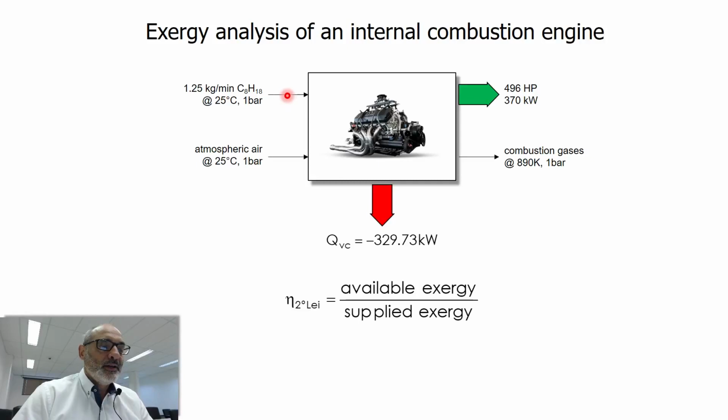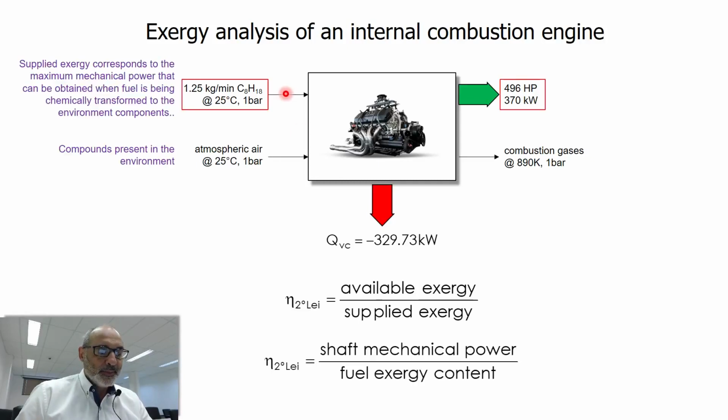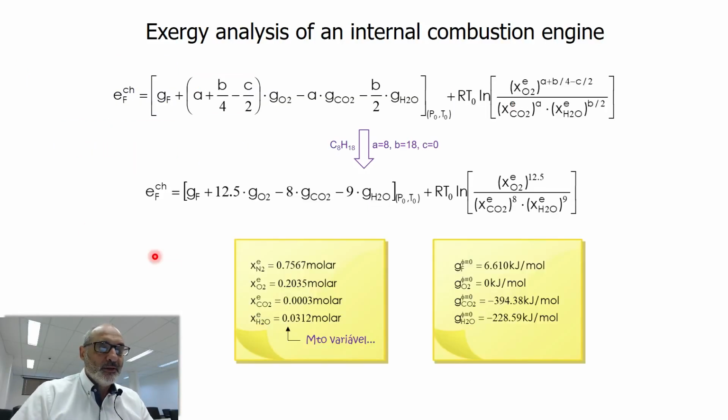So let's calculate its exergy content. I already said that supplied exergy corresponds to the maximum mechanical power that can be obtained when fuel is being chemically transformed to the environment components. We already saw that, and we are using compounds present in the environment. So let's do this calculation.